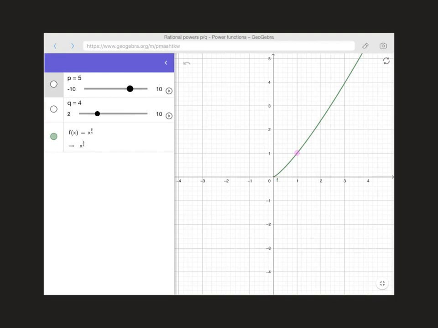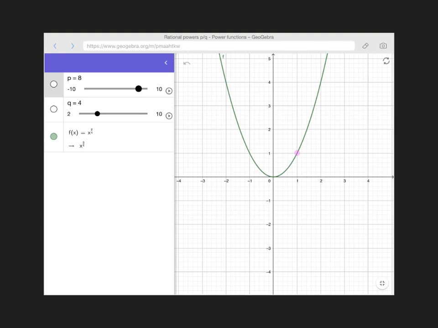You can see it's starting to look parabolic. X to the power of 6 over 4. So that's 1.5. x to the power of 7 over 4, x to the power of 8 over 4, and 8 over 4 is 2, so we've got x to the power of 2 here, so that's your parabola.